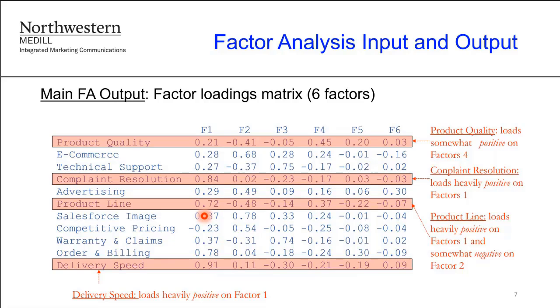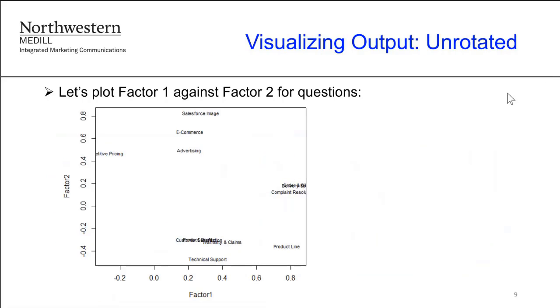And how about the value for the product quality under F2? The absolute value of this is 0.41, which is less than 0.45, so this is considered poor.